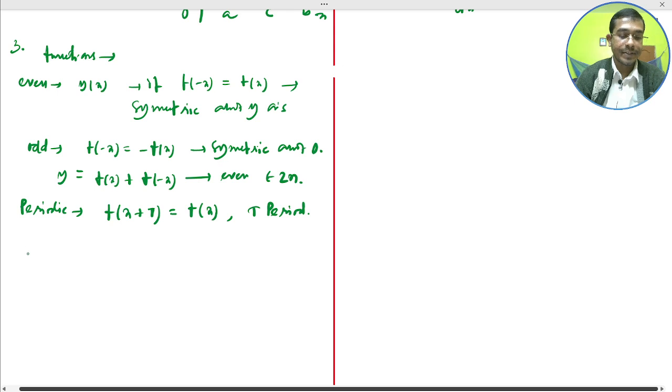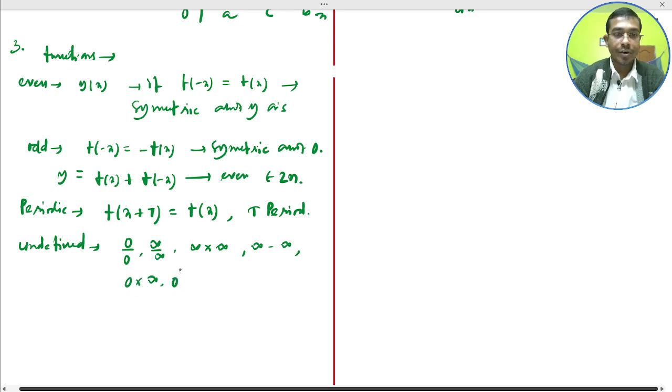Next, the undefined forms. Examples are 0 by 0 form, infinity by infinity, infinity into infinity, infinity minus infinity, 0 into infinity, 0 to the power 0, infinity to the power 0, 1 to the power infinity, infinity to the power infinity. These forms are undefined.